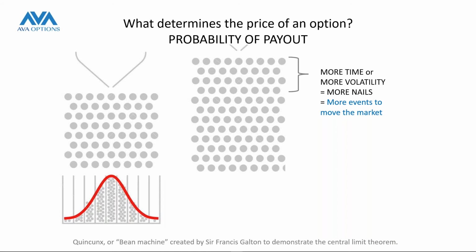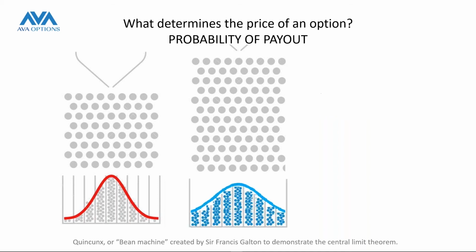What if we had more nails? What if this quincunx was longer? That would be equivalent to having more time. Instead of the beans falling down for 5 days, they might fall down for 10 days. If you had more nails, if you had a taller quincunx, it's like having more time.